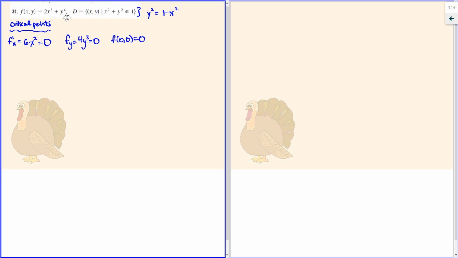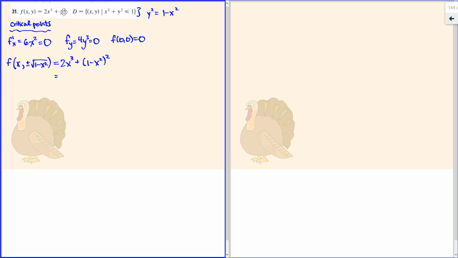So let's find f of x, comma, plus or minus square root of 1 minus x squared. And that's going to be 2x cubed plus (1 minus x squared) squared, because if this is y squared right here, y to the fourth is just the square of that.